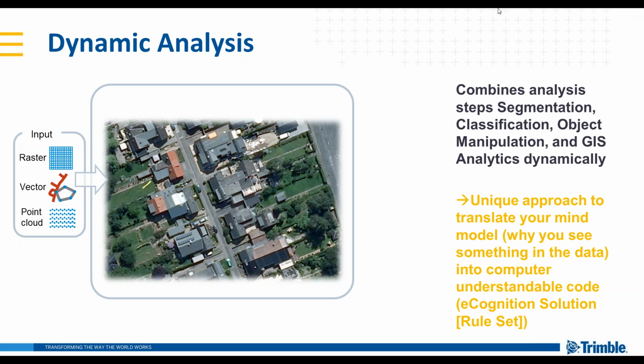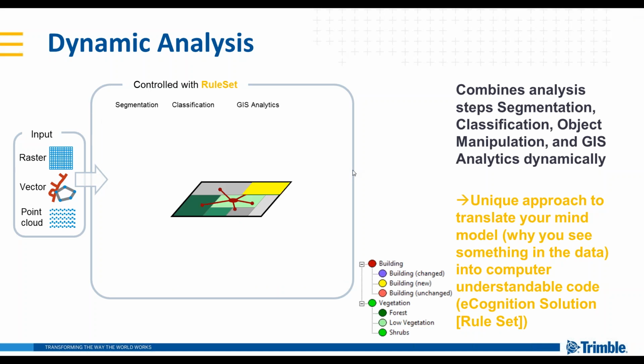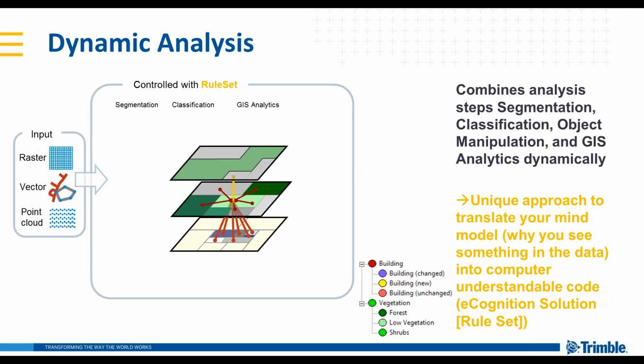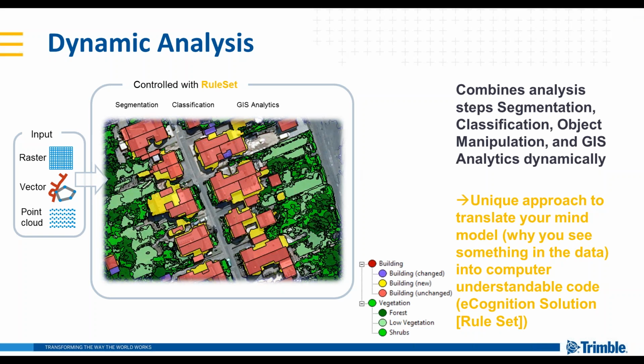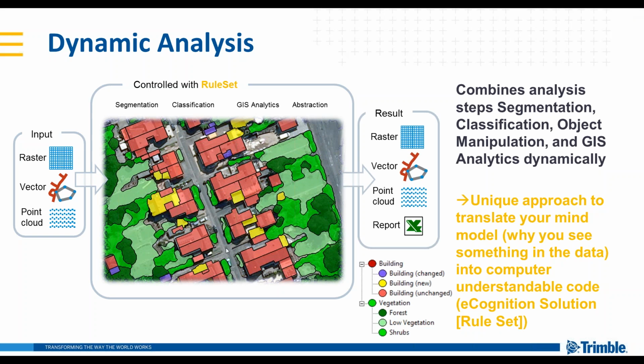This is a dynamic process. Again, bringing in all of your data input, it walks you through a process of segmentation, ultimately classifying that data, allowing you to perform some GIS analytics on those new information products, and then ultimately abstracting that information to provide you with your choice of an export, whether that be a modified raster image, Esri GIS files, point clouds.